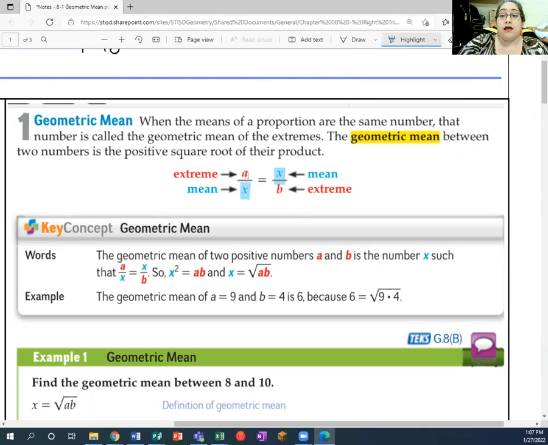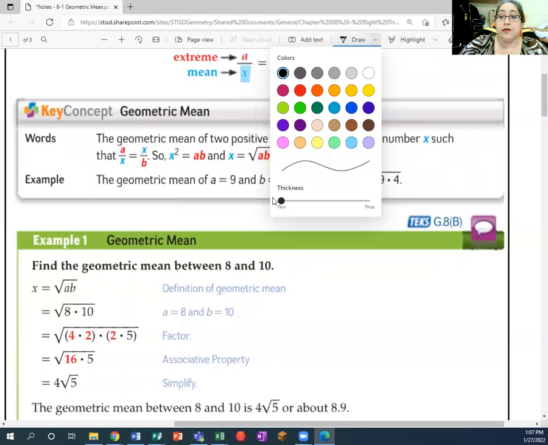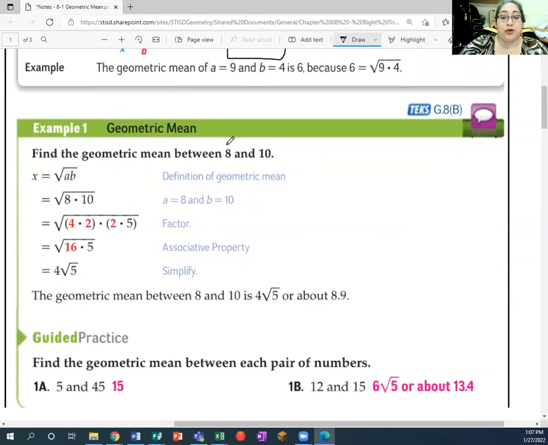And so it's going to be the square root of the product of these two numbers that are different. And so we end up with this little formula for us to use. Now let's go ahead and practice that real quick.